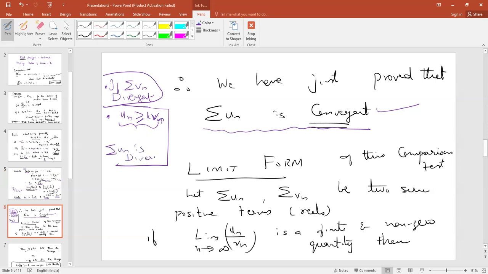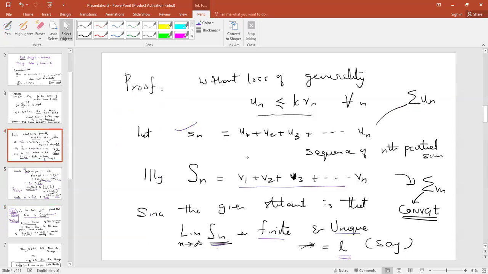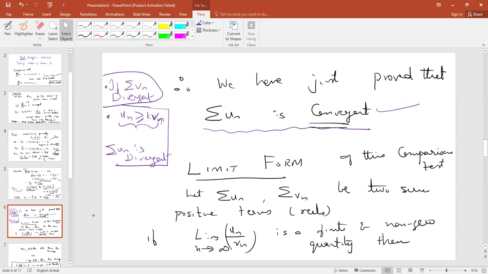The proof goes ditto in the same way, except that you replace less than or equal to by greater than. Just replace that.